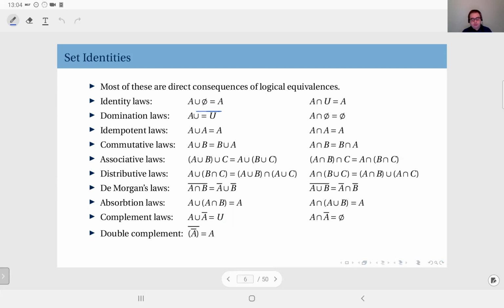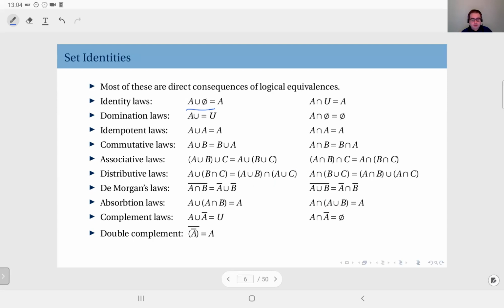For instance, here you can just plug in the definition of union and then obtain the truth of this expression as a logical proposition. The only manipulations you will need probably are related to propositional relations, and for that reason I'm not going to do each of these one by one, but essentially that's how you prove these.